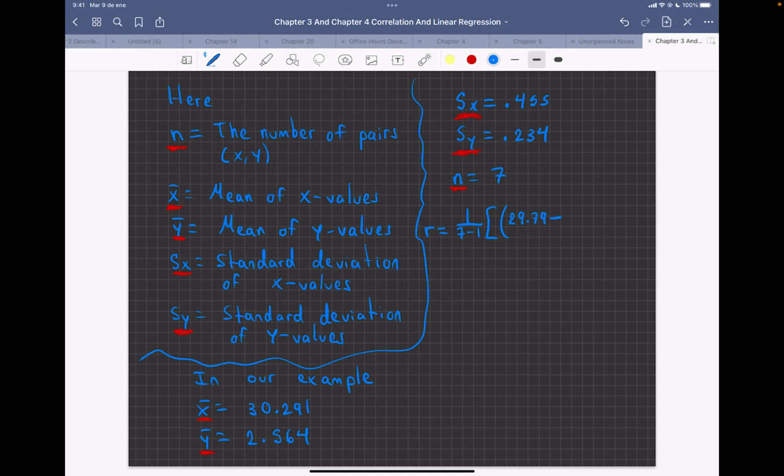29.79 minus x bar. X bar is 30.291. And that divided by the standard deviation. Oh, I think I have to put this below so I can have more space. I'm going to do it here.